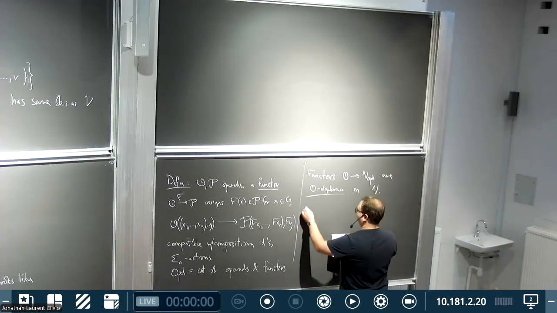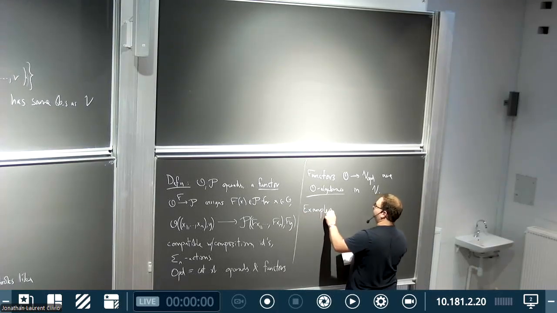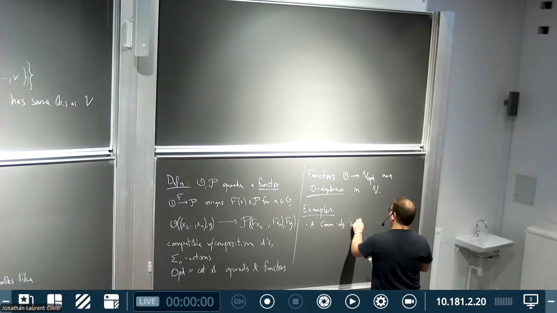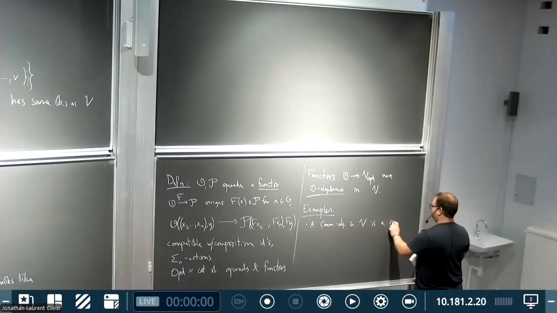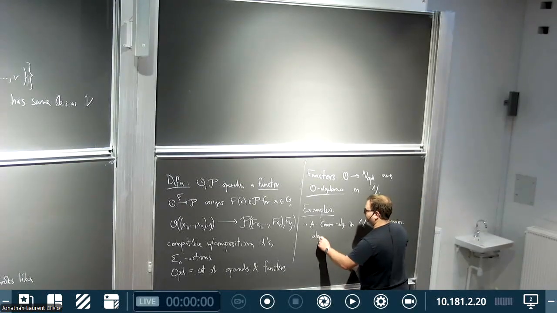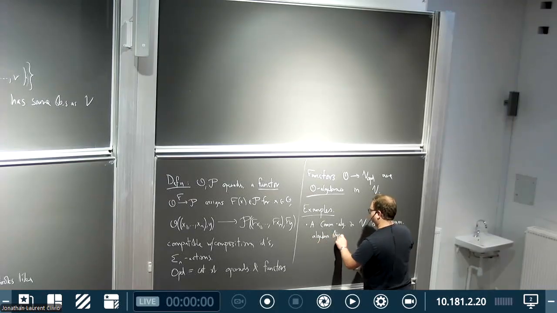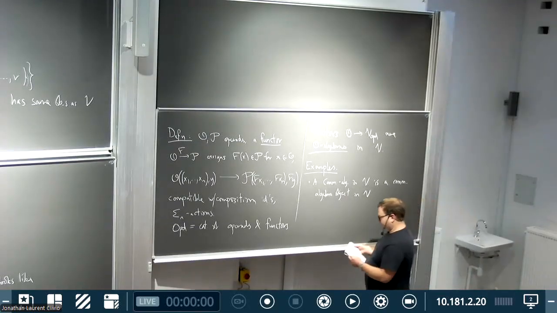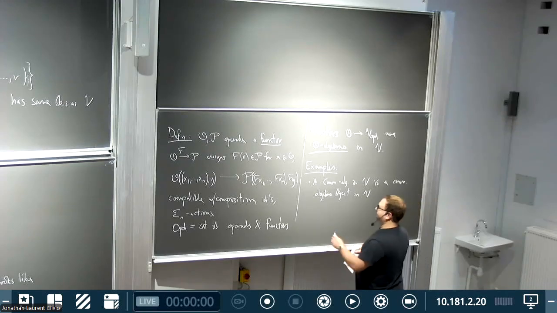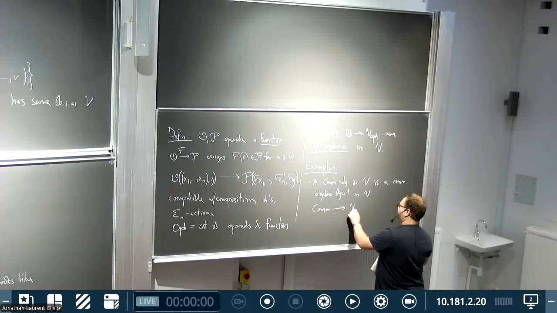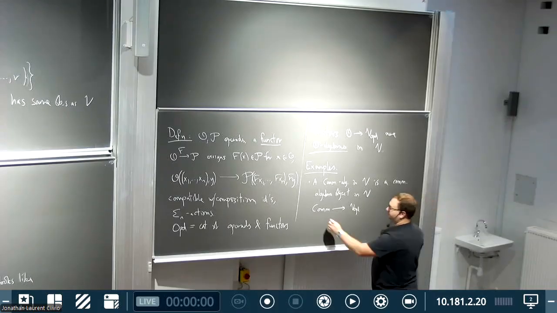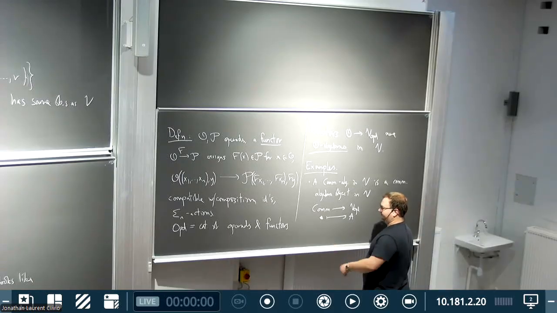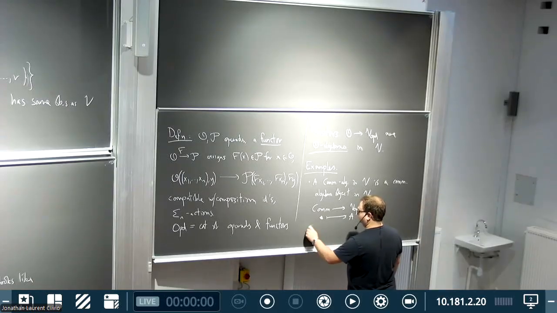So, for example, a Com algebra in V is the same thing as a commutative algebra in a symmetric monoidal category V. I don't want to go through this in full detail, but basically, I have a functor from Com into V. So Com has a single object, which has to go to some object A. And then I have a unique operation in arity 0.